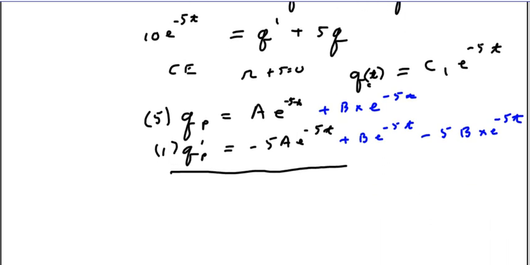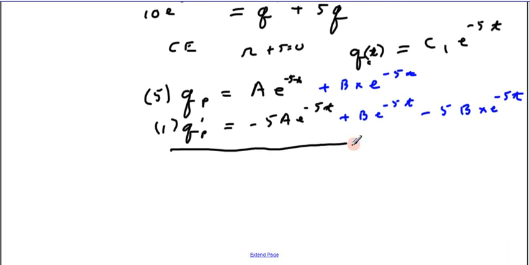So that's what we forgot. Well, we just remembered it. So 5 of the a guy, minus 5, so that guy goes away. I have 5 of this guy, 5 of that guy, so they go away.